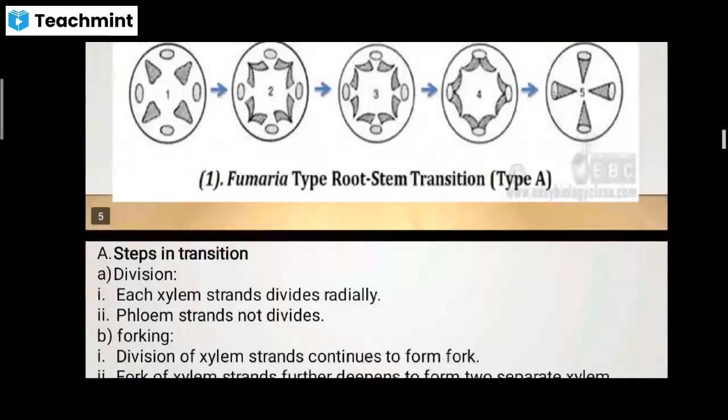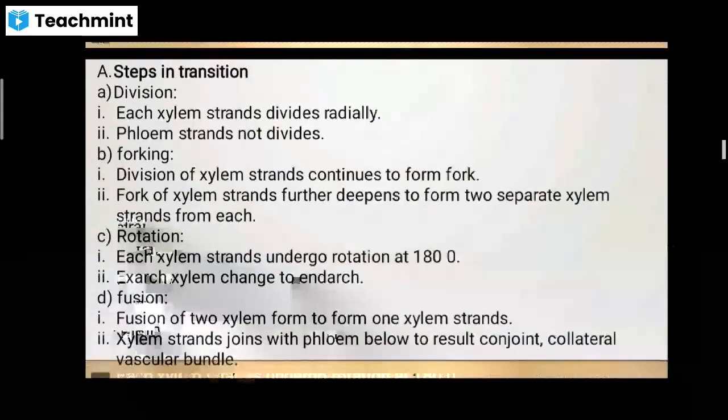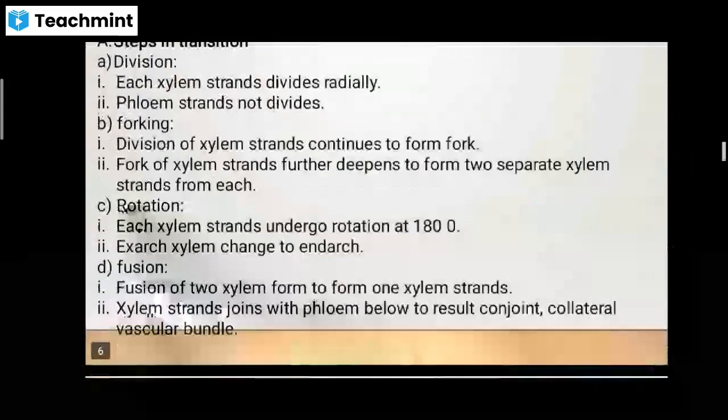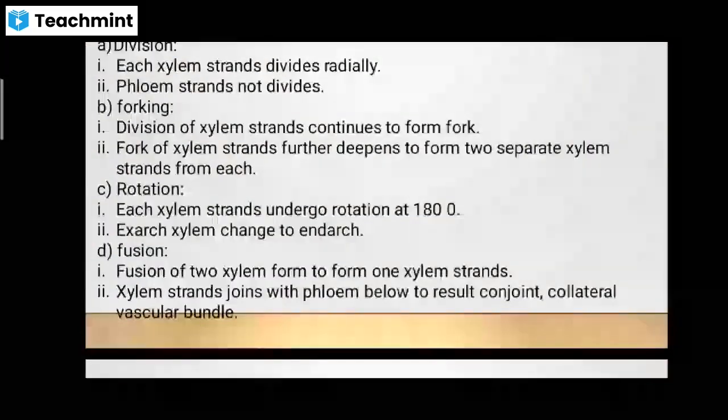Then the last one is the redivision or the fusion. Here, two xylem strands from one form fuse to form one xylem strand, and the xylem strand joins with the phloem below, resulting in a conjoint collateral vascular bundle.